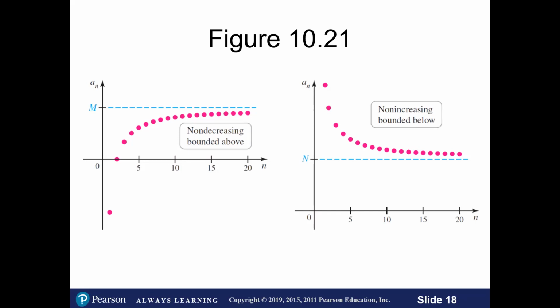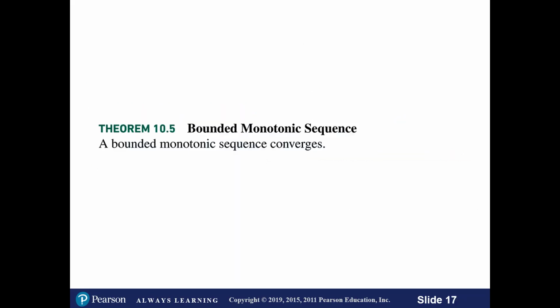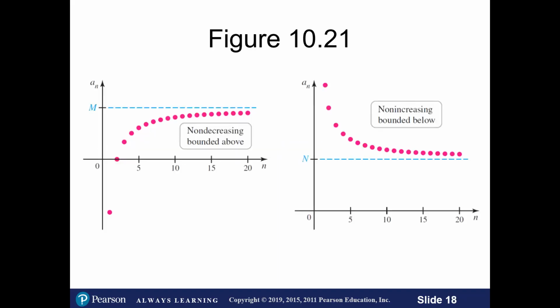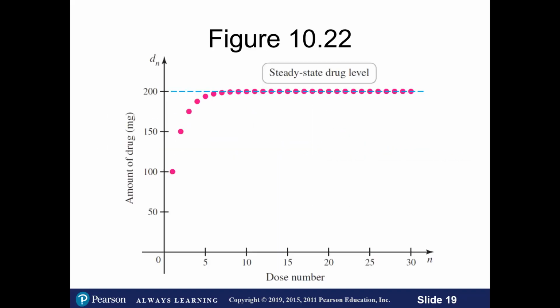It's not going to get any hotter than the surrounding temperature. So whether we're talking about monotonic non-decreasing, bounded above, or non-increasing, bounded below, the theorem is the same. We know that it converges.